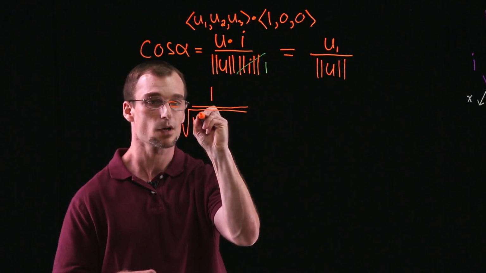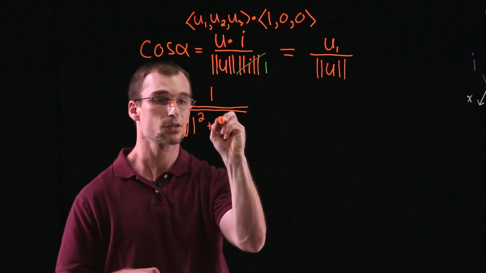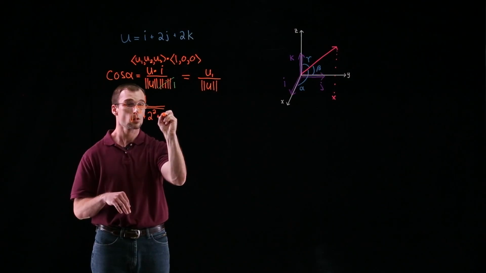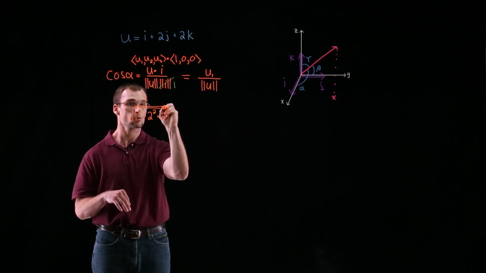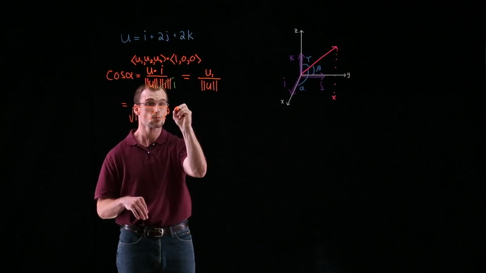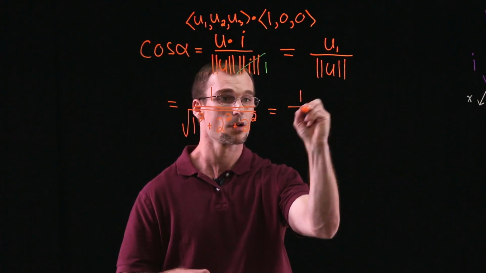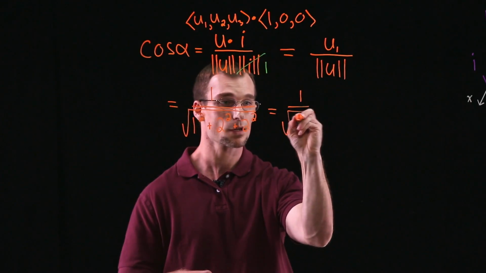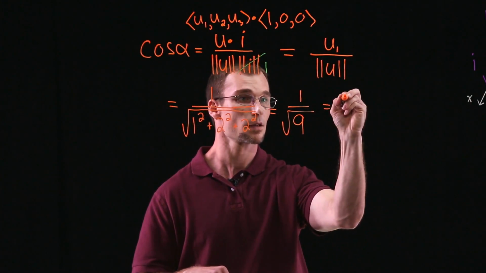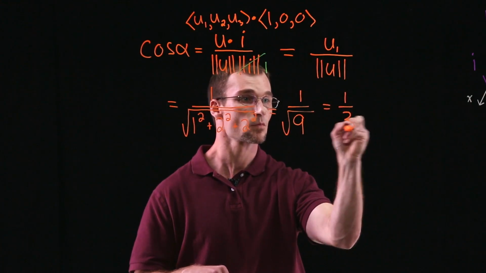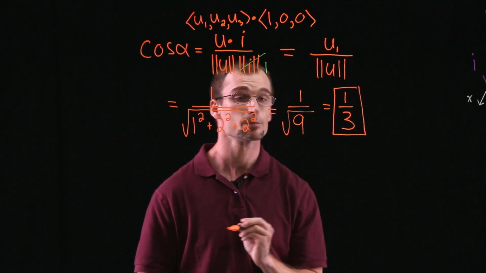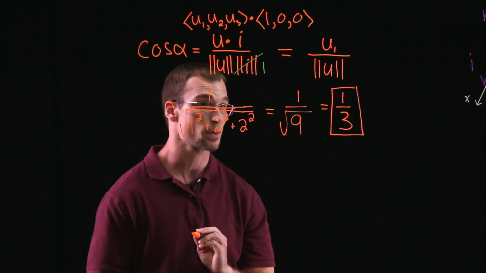So the square root of 1 squared plus 2 squared, the coefficient in front of j, plus 2 squared, the coefficient in front of k. So we have 1 over the square root of 1 plus 4 plus 4, which is 1 over the square root of 9, so 1 over 3. So the cosine of our angle alpha is 1/3.